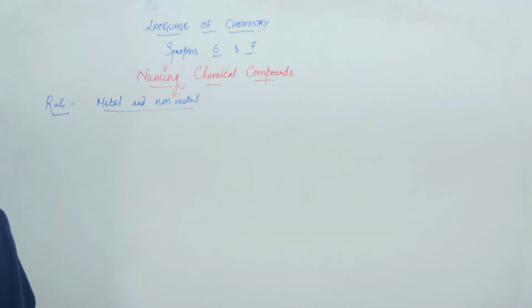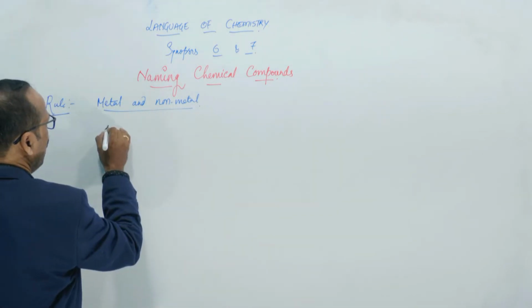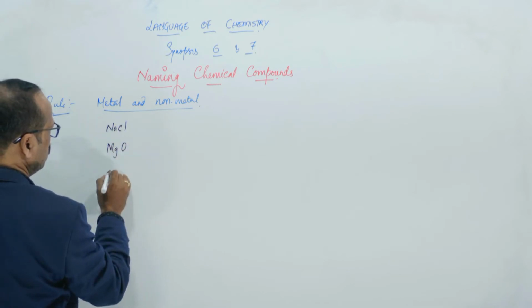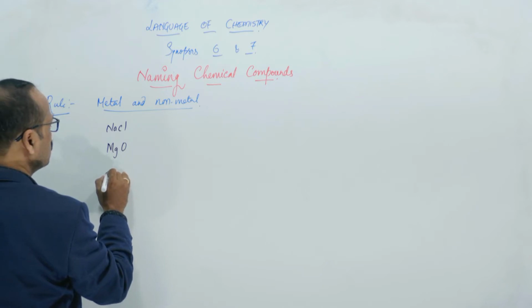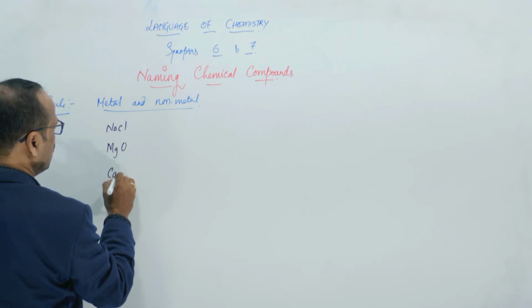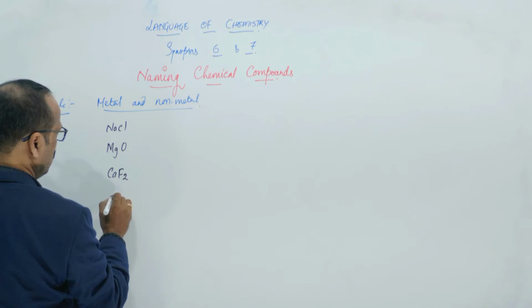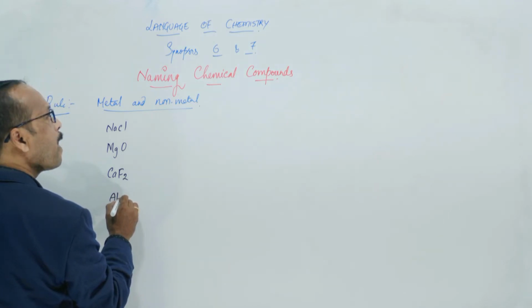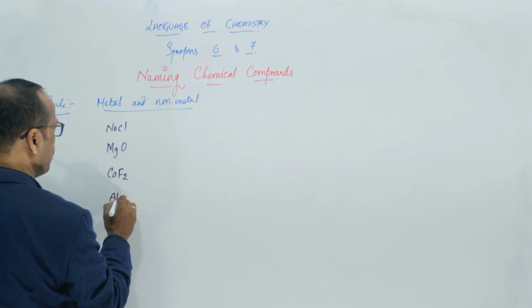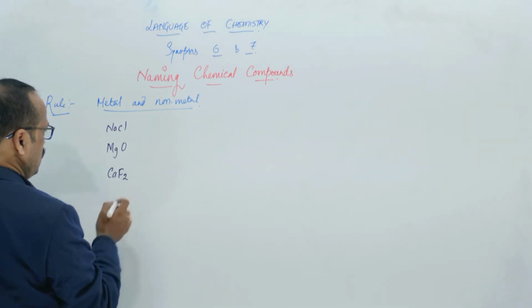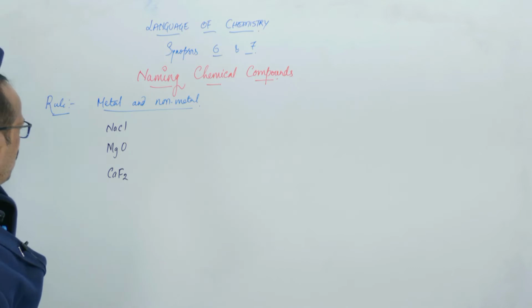For example, you say here NaCl, MgO, CaF2, Al, okay, now let's see how to give the name for this one.